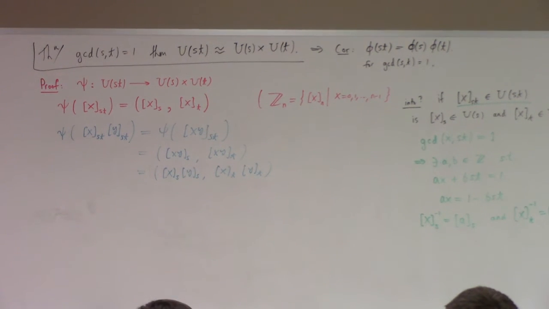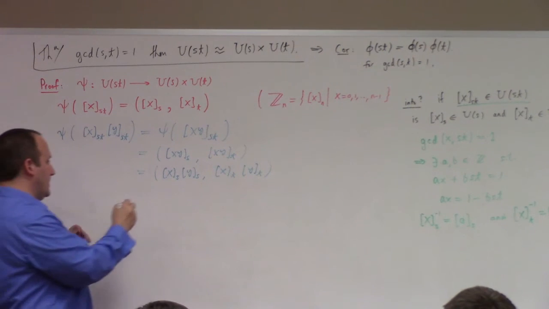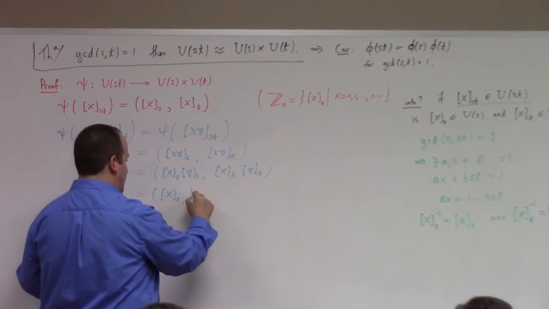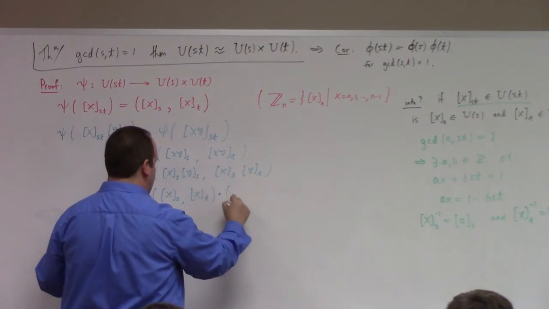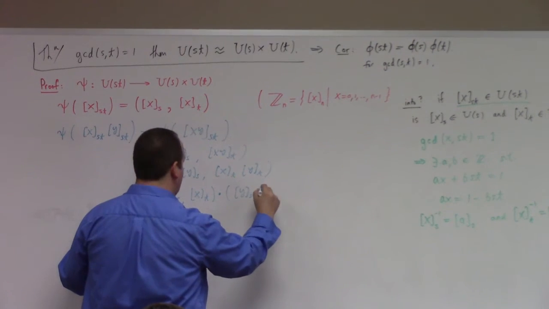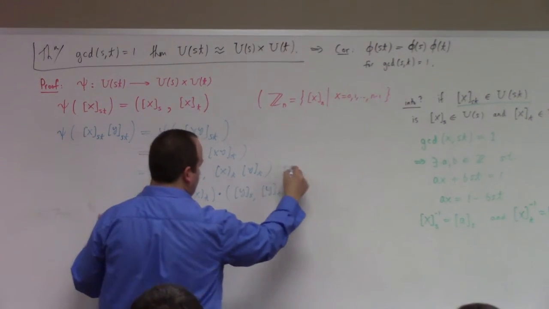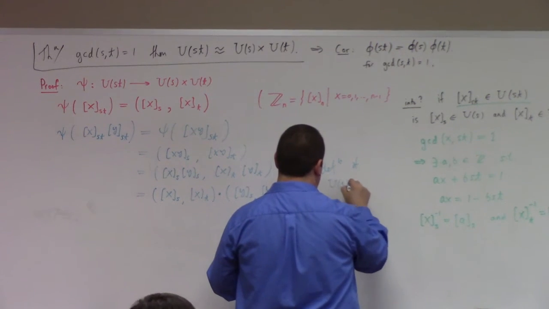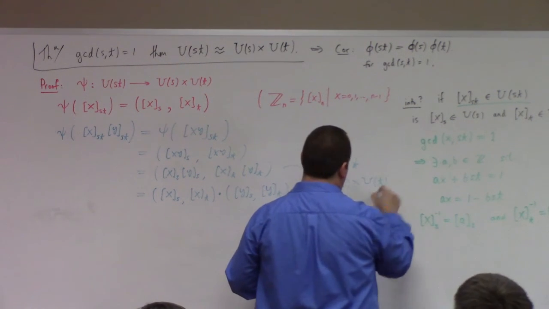And then by the definition of the direct product, we can rewrite that as the tuple x_s, x_t times the tuple y_s, y_t. So here is the definition of U_s cross U_t as a direct product group, right?